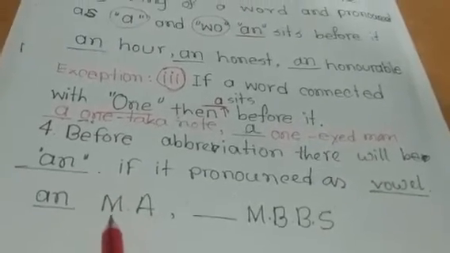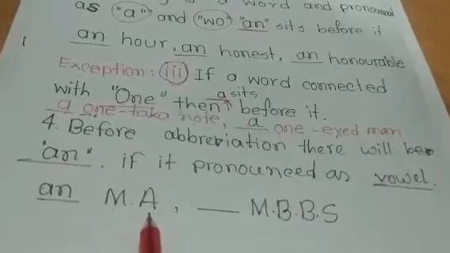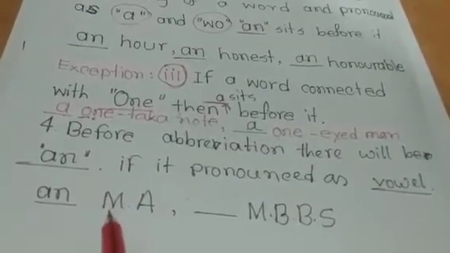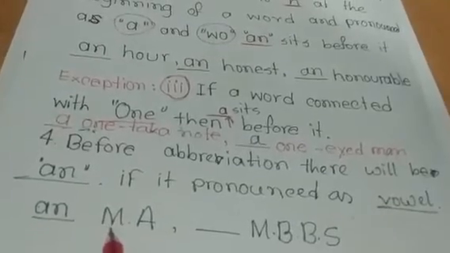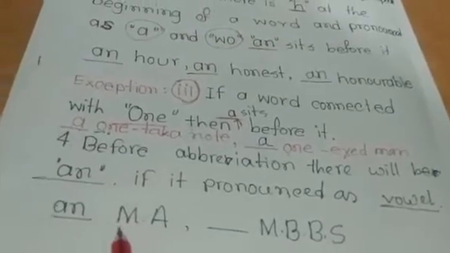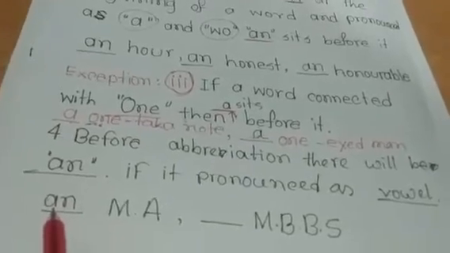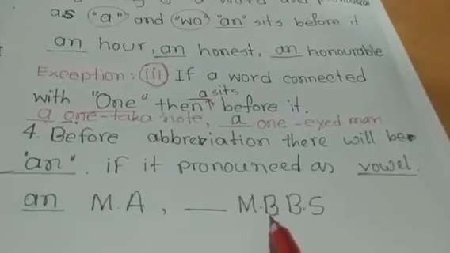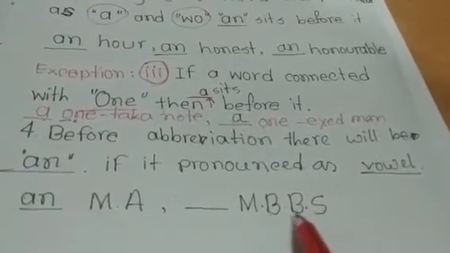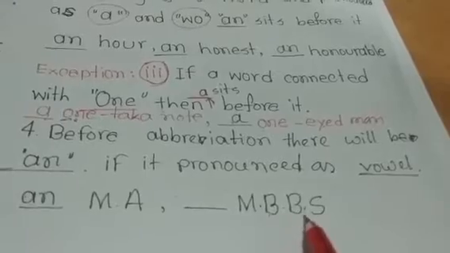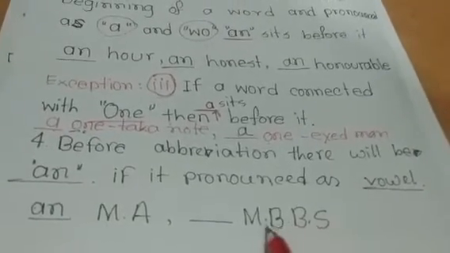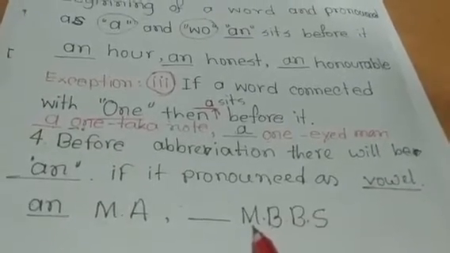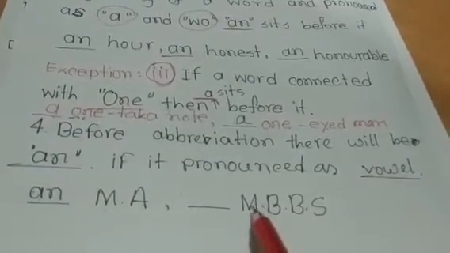M-A, Master of Arts. So the abbreviation M, the first letter is pronounced as "em". Then the sound is a vowel, so we will use "an" here. MBBS, Bachelor of Medicine and Bachelor of Surgery. The abbreviation is MBBS. The first letter M is pronounced as "em", a vowel sound.